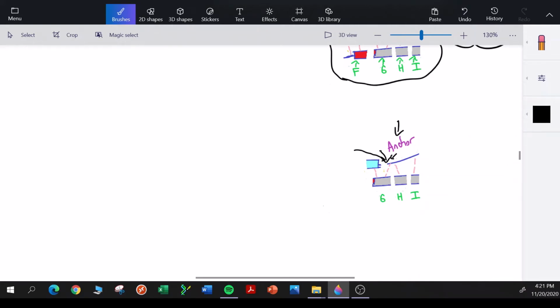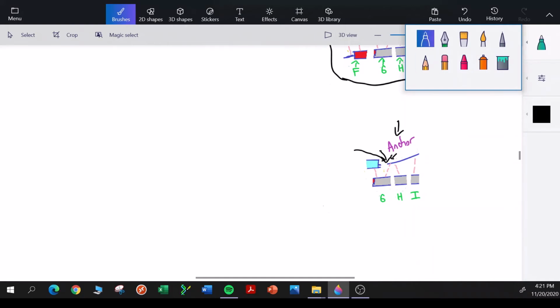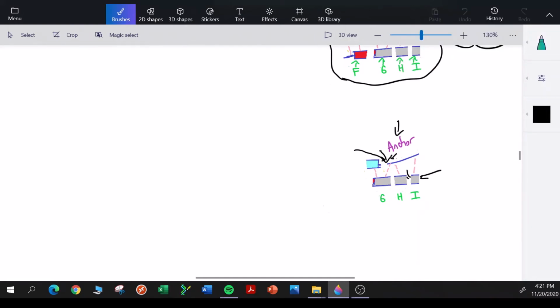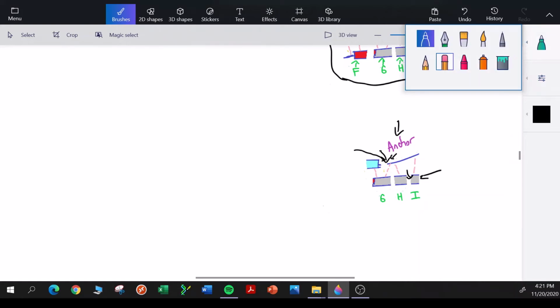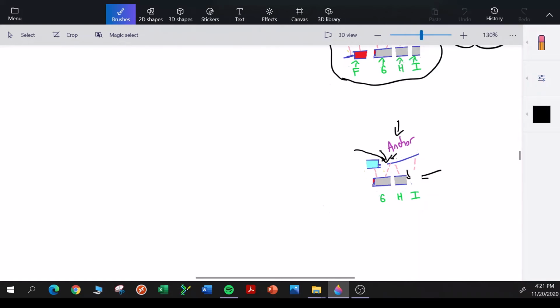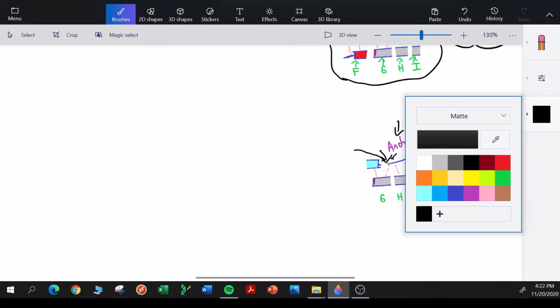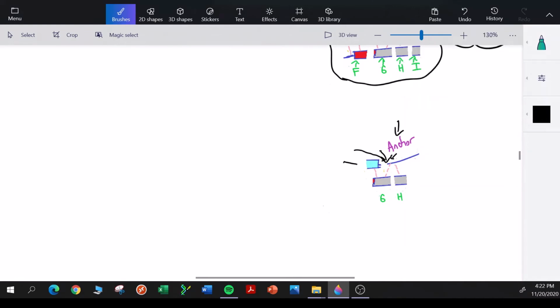So the ends represented by I here, that end here and this end here, those are too far relative to the others. So I want to erase those. Now we have segments G and H, and then we have this other one up here, which wasn't part of our assay.